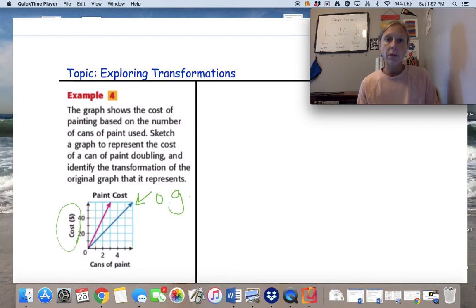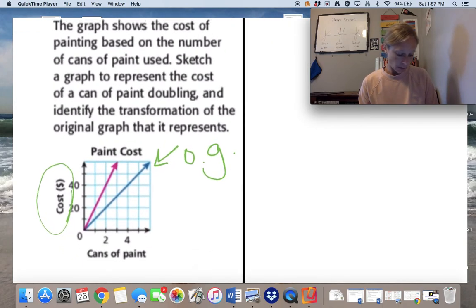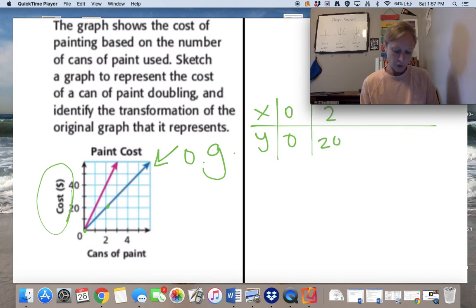So this is going to be just like our previous example, where we would take points from our table. So I have 0, 0. I should label my x and y. And I don't need to label every point. 2, 20. Especially for a linear function like this, I could probably just label a few. 4, 40.